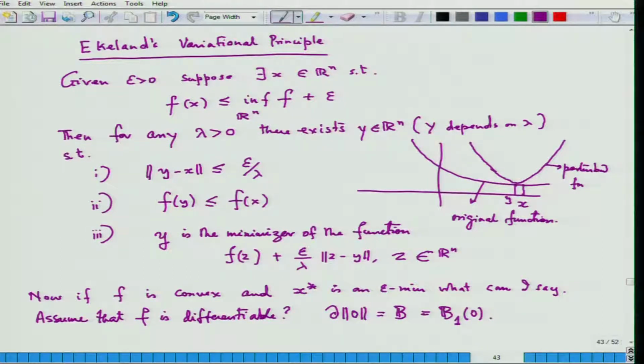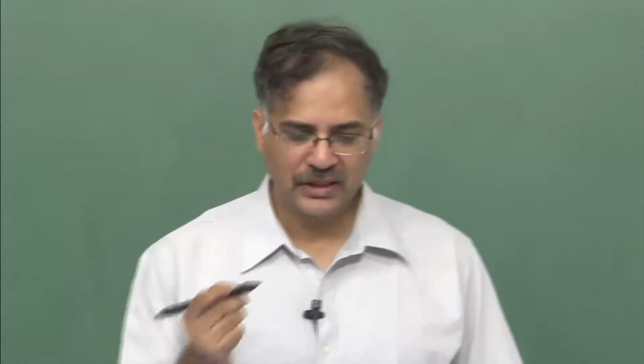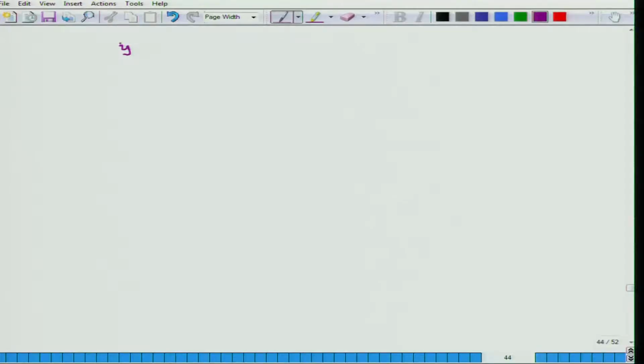So, what can we say more? I have asked the question, what would happen if f is differentiable. In this case, observe that if f is differentiable, I will have a y. So, suppose x is an epsilon minimizer of f over R n, where f, it goes without saying, is convex.